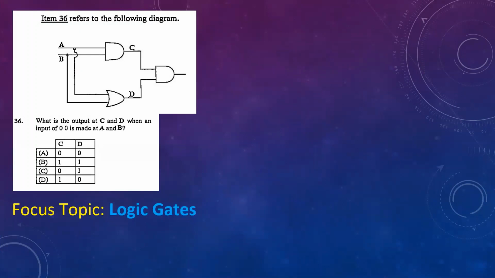Number 36, you have a logic circuit. Here you have inputs A and B, outputs C and D. The first symbol is that of an AND gate, while the second symbol is that of an OR gate.